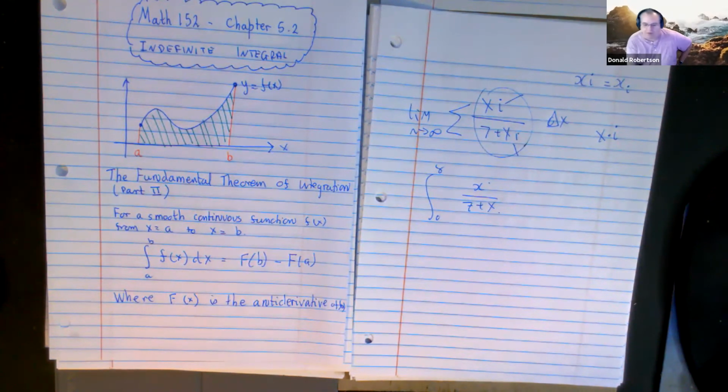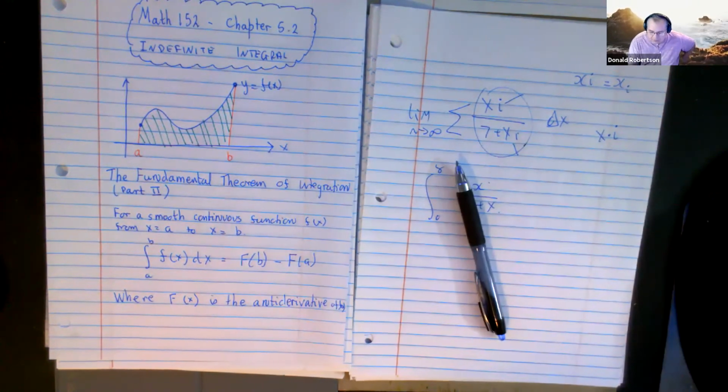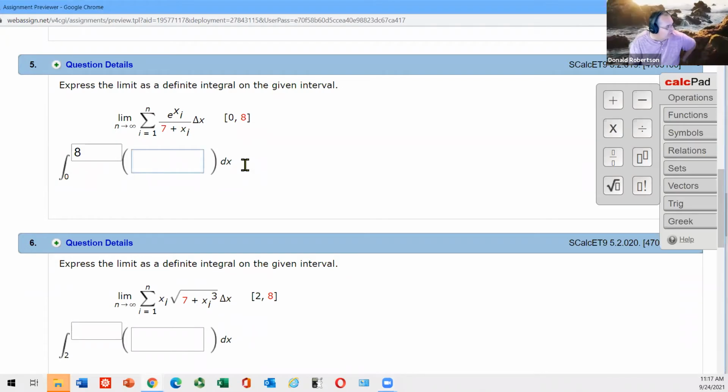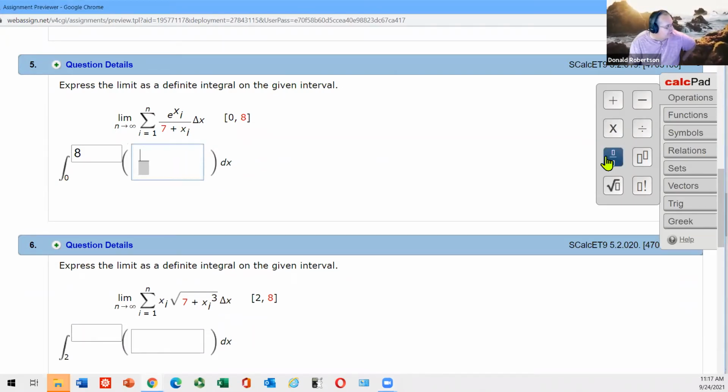And that's what was throwing them. So if that was making you think a little bit, hopefully that's helped, that it's just WebAssign's not very good at subscripts, I guess. Does it look more like a subscript now that I've mentioned it and less like an x times i?